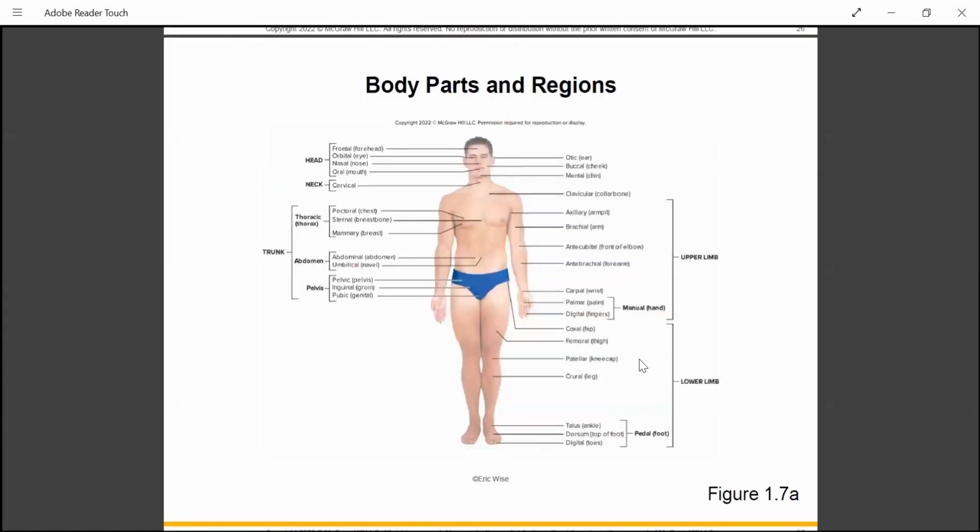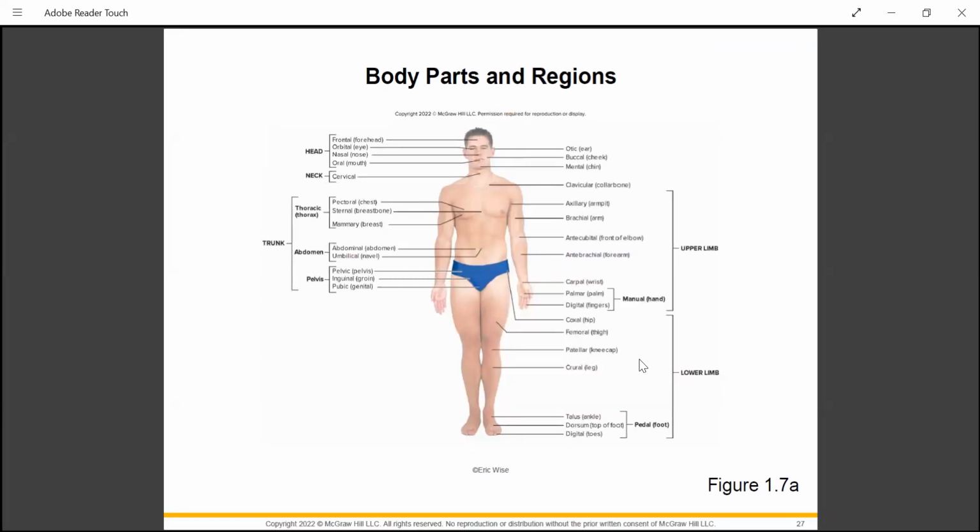So I know there's a lot of different terms here. These are found on page 22 and 23 of the textbook as well. But this shows our major groupings in terms of the head, neck, trunk, upper limb, lower limb, and then the subgroupings as well.